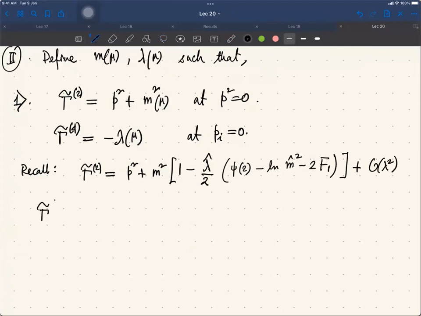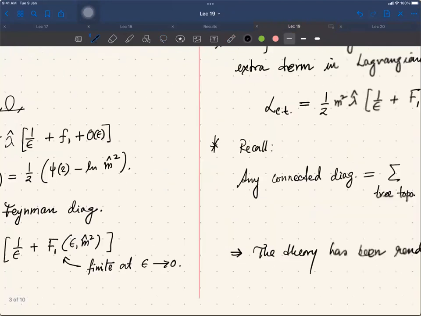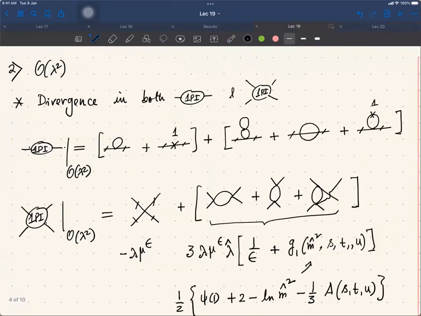Similarly, gamma tilde 4 will be given by the expression, let's see where it is.